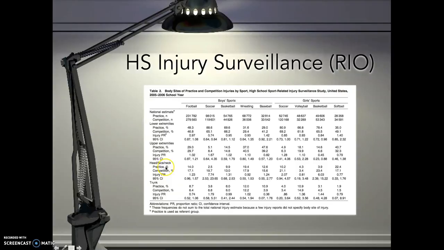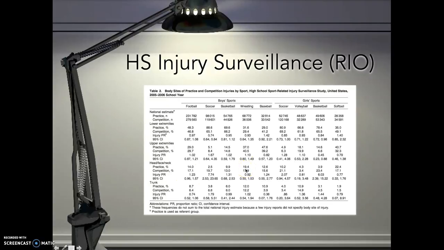So what are we saying about practice, competition, and what sport has the highest rate of injury? So if you're only looking at head, neck, and face, 14% of practice injuries in football are head, neck, and face.